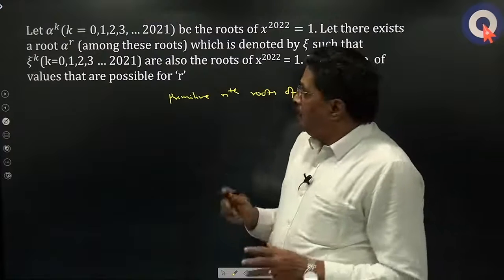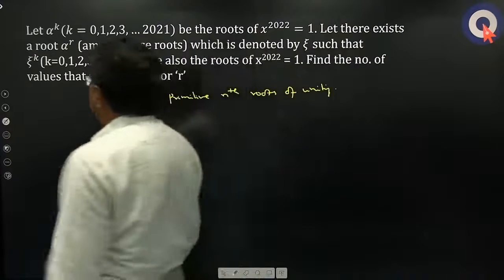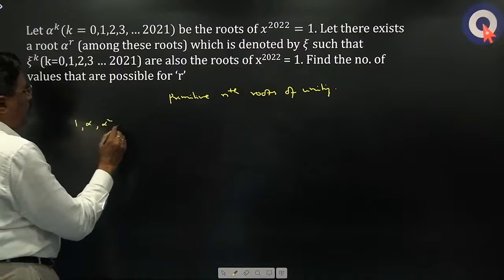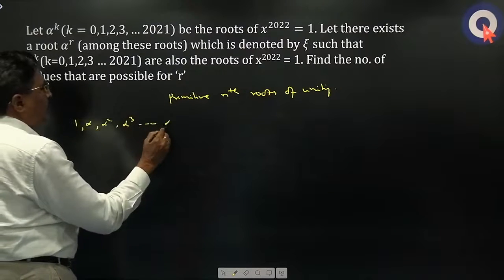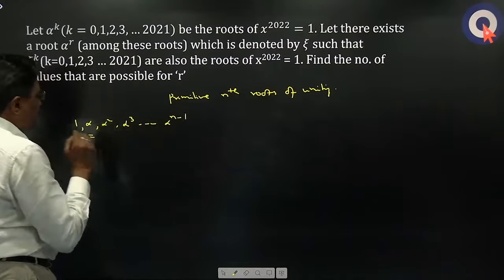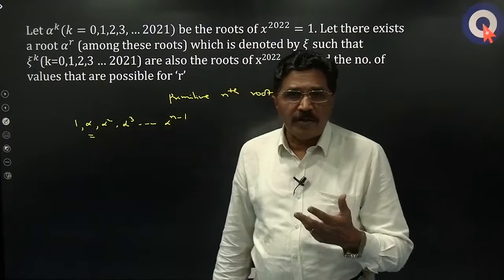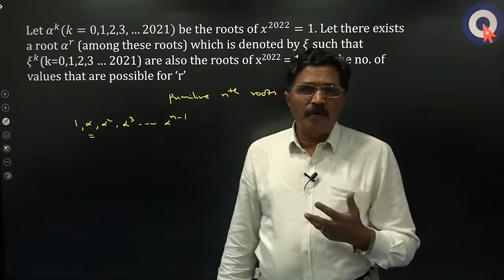See, when you consider nth roots as 1, alpha, alpha square, alpha cube, etc., alpha power n minus 1, in this you see alpha, if you square it, you are getting alpha square. If you are cubing it, you are getting alpha cube.